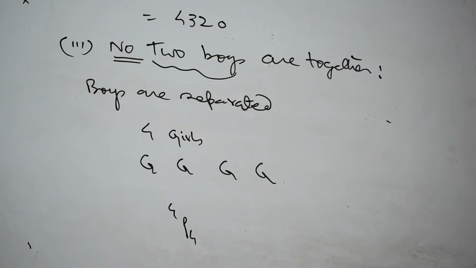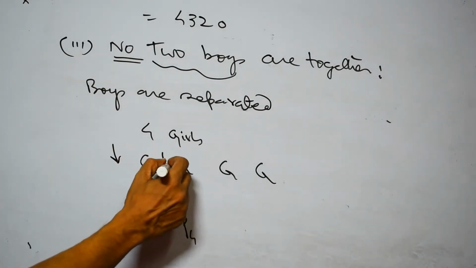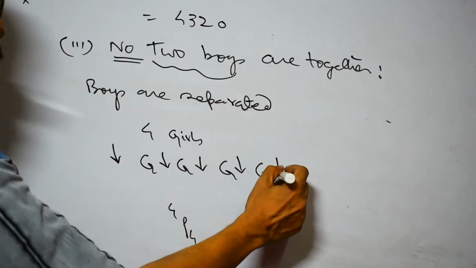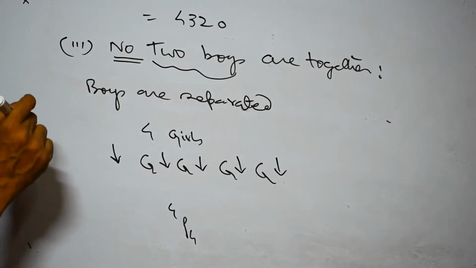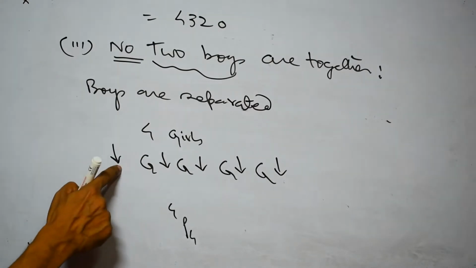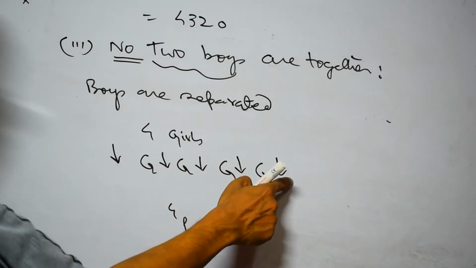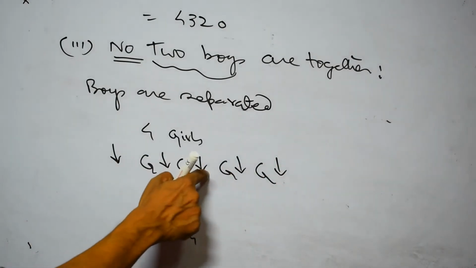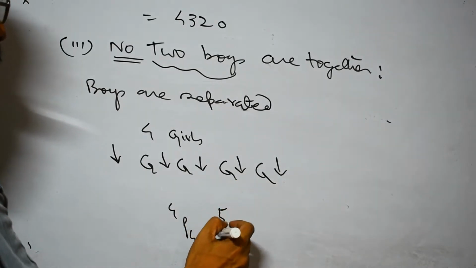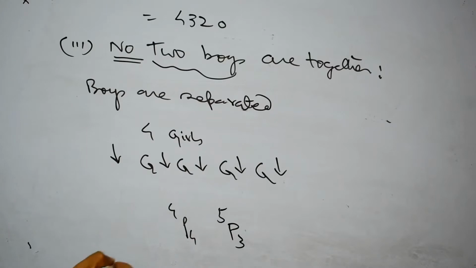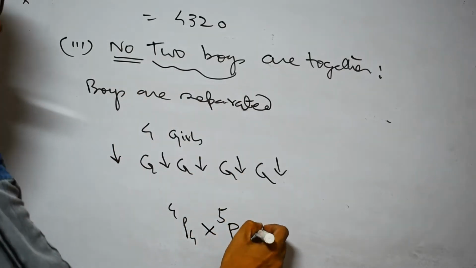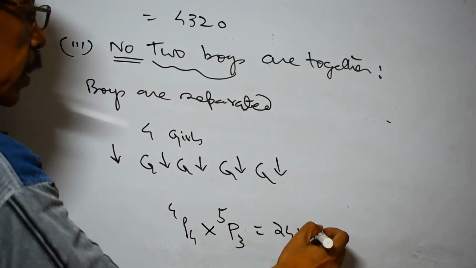But what about the boys? 1, 2, 3, 4, 5 places we are getting where we can put one boy. That means these 5 places are possible for 3 boys.